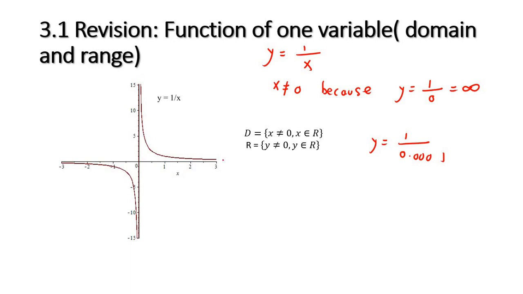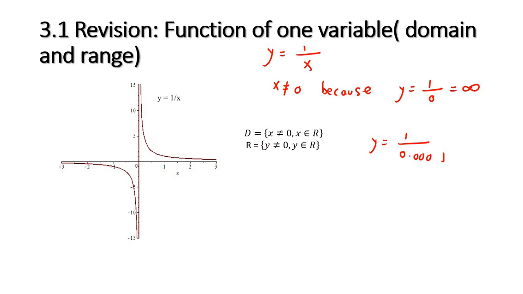When x is a very big number, 1 divided by a very big number, you will get a very small number, but never equal to 0. So that's why you can see domain is x cannot equal to 0, range is y cannot equal to 0.